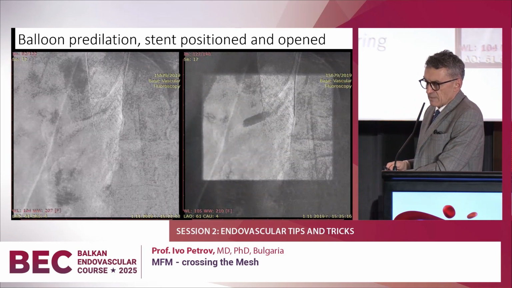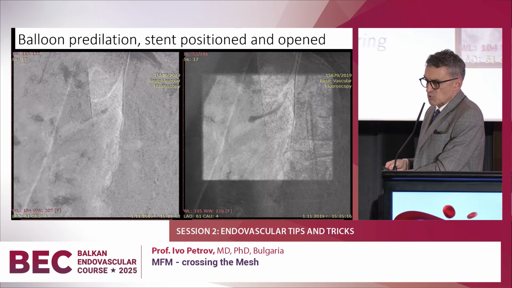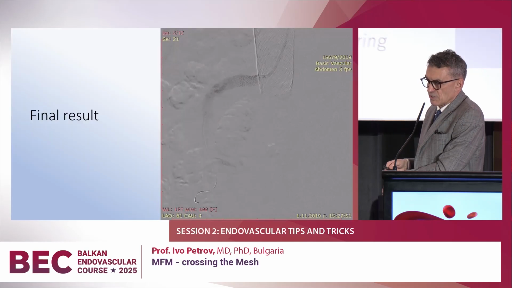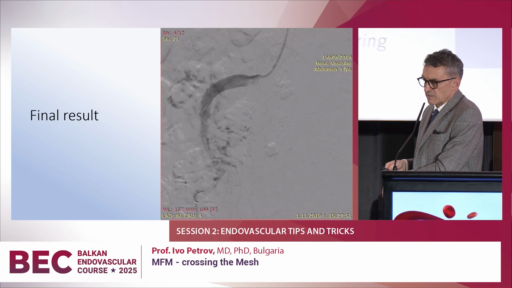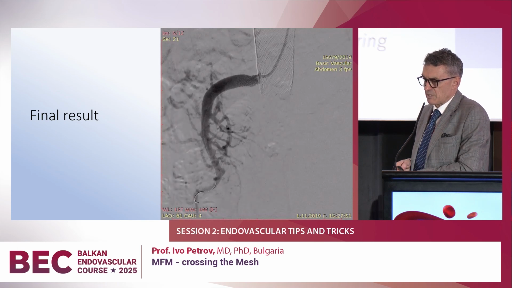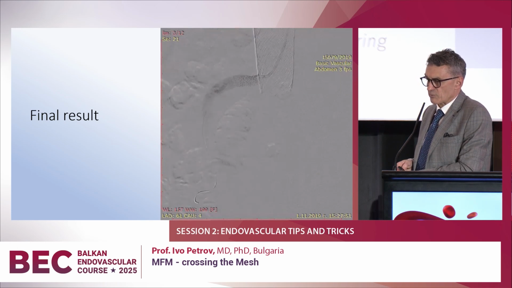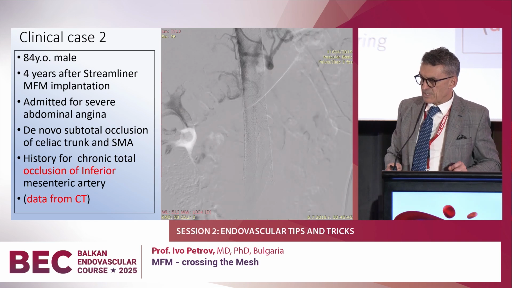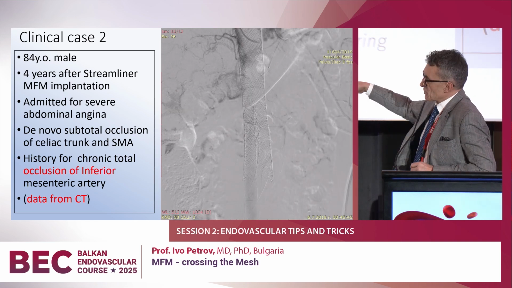You see the stent positioned and opened after crossing the mesh with the catheter, and this is the final result. You see full restoration of the flow and full elimination of the osteostenosis. This is another case with a bifurcational treatment.